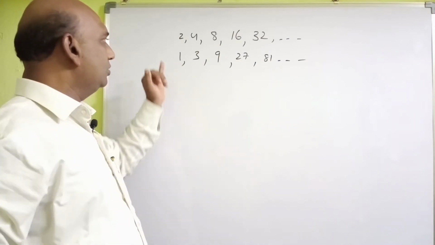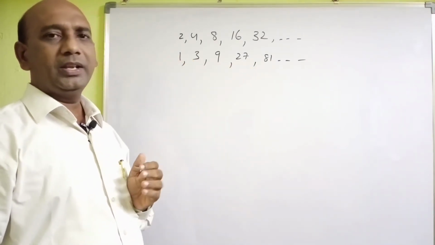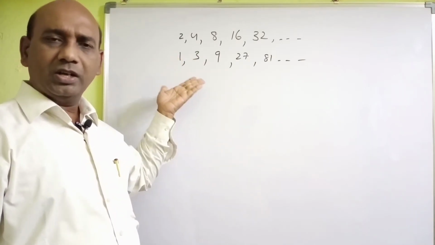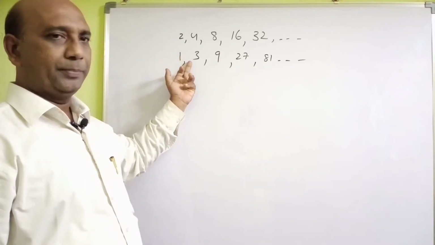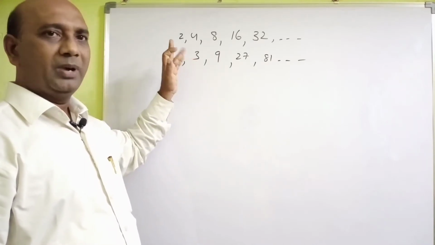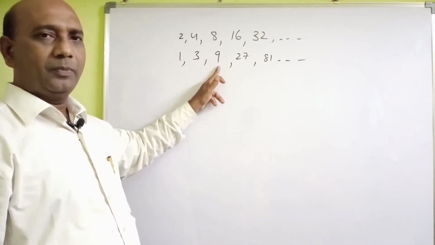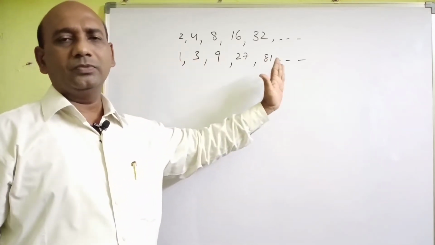Here also, except the first term, all the other terms are formed by multiplying a constant term to its previous term. What is the constant term we multiplied here? 3 is multiplied. The second term is formed by multiplying 3 to its previous term 1. The third term 9 is formed by multiplying 3 to its previous term. Like this, all the terms are formed.